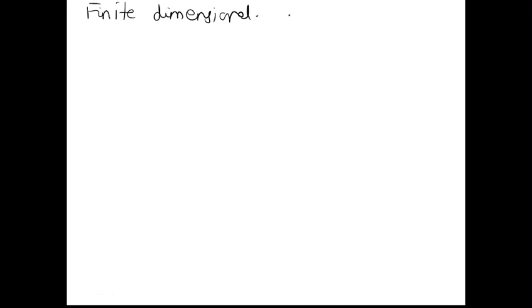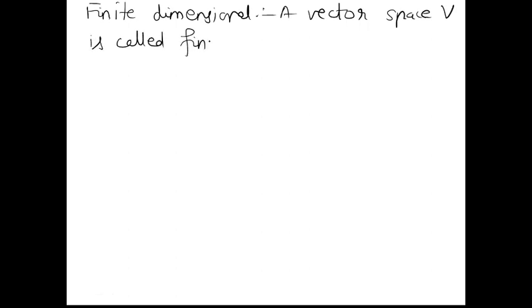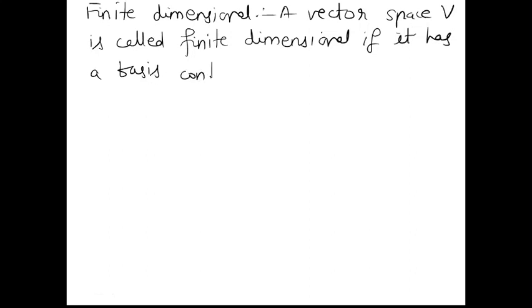So finite dimensional means a vector space V is called finite dimensional if it has a basis containing a finite number of elements.